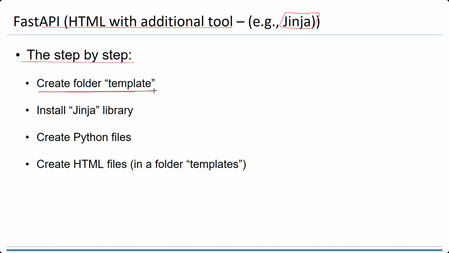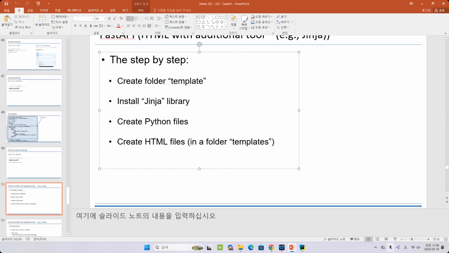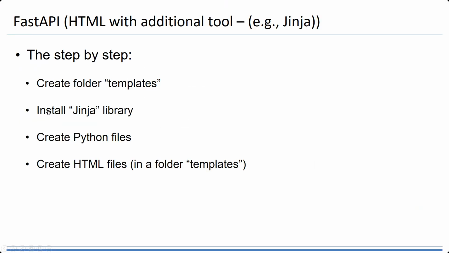Oh, sorry, let's just put the S, because in many literatures we use templates with S. But okay, just make it for consistency. After you create the templates, let's install Jinja, and then let's create the Python files and create the HTML files. So let's do it step by step.